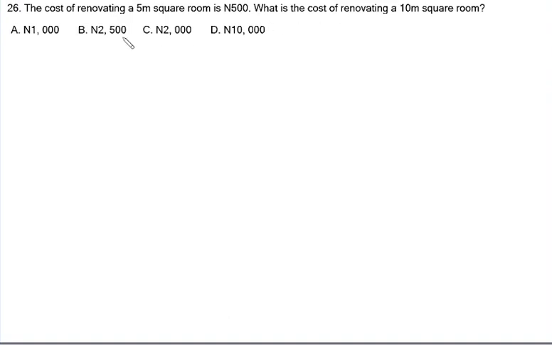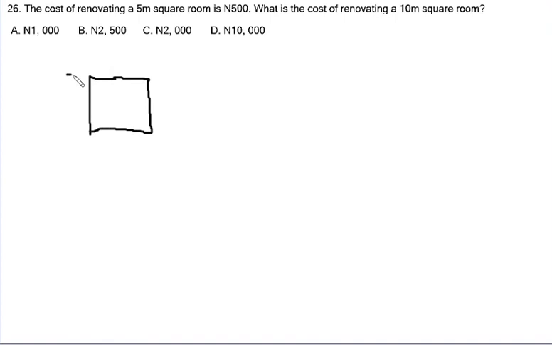For question 26, we are told that the cost of renovating a 5-meter square room is 500 naira. What is the cost of renovating a 10-meter square room? So, to solve this question, I think you need a visual representation of what you're doing. So, let's say this is a 5-meter square room.